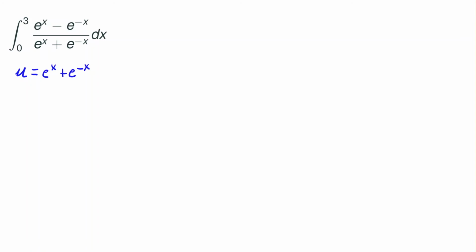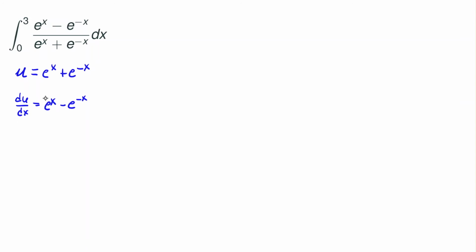Then we take the derivative, du dx. The derivative of e to the x is just e to the x. The derivative of e to the negative x is negative e to the negative x by chain rule, because the derivative of e to the negative x is e to the negative x, then we multiply by the derivative of negative x, which is negative 1. That's why we get the negative right here.